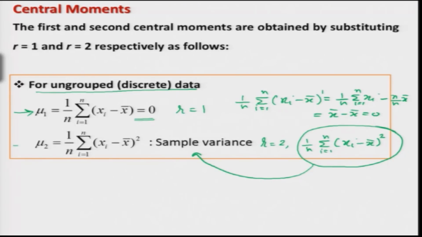Now, I can say that the second central moment, which is denoted by mu_2, is representing the variance or the sample variance. One thing where I would like to have your attention is the following.